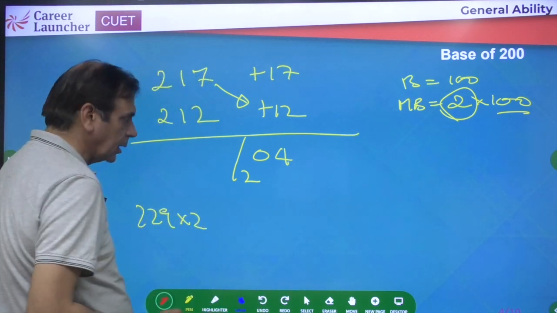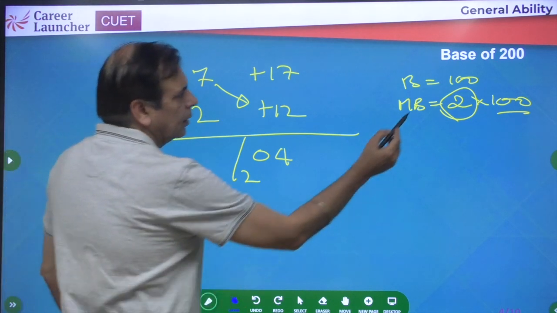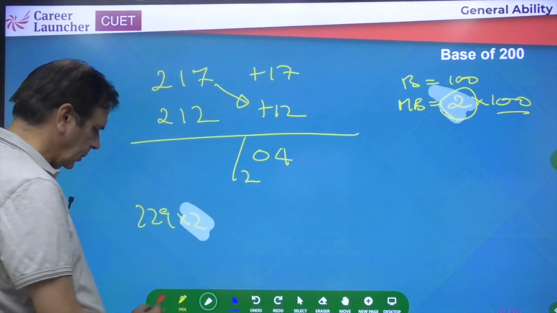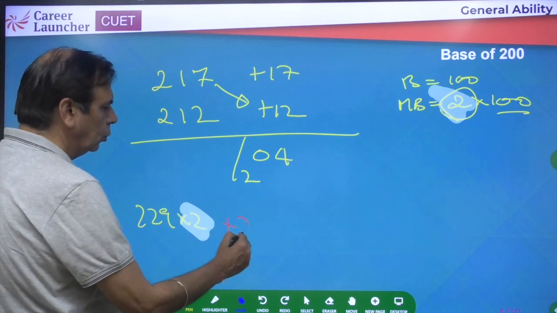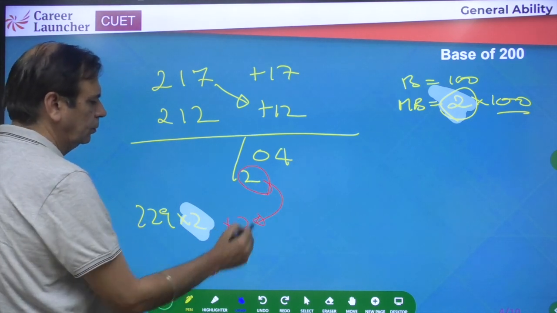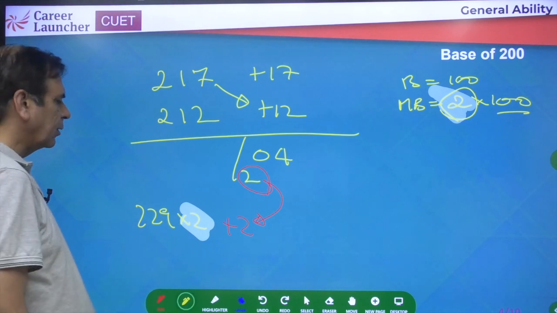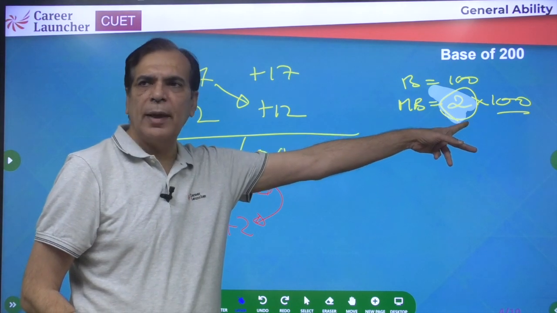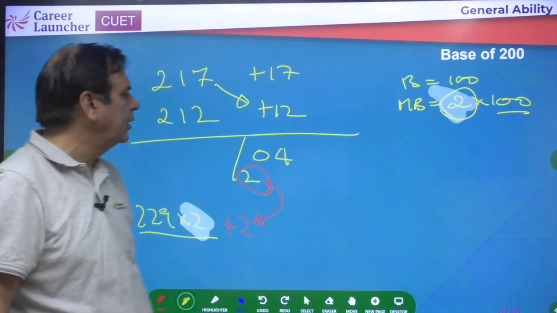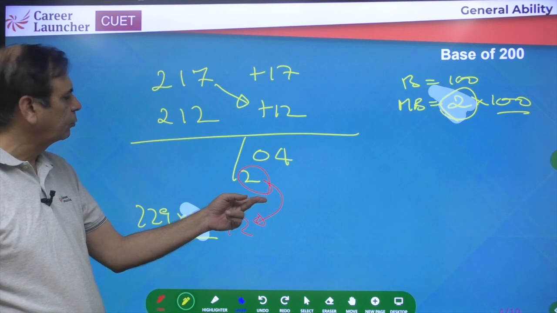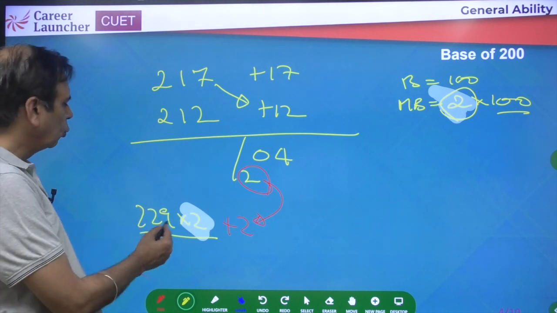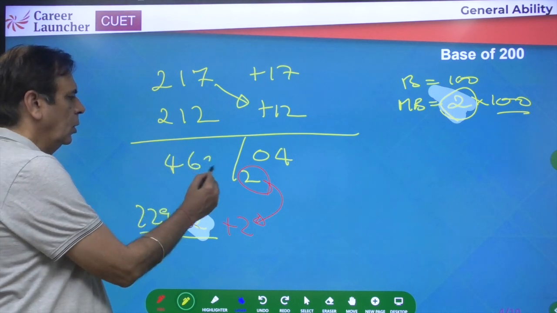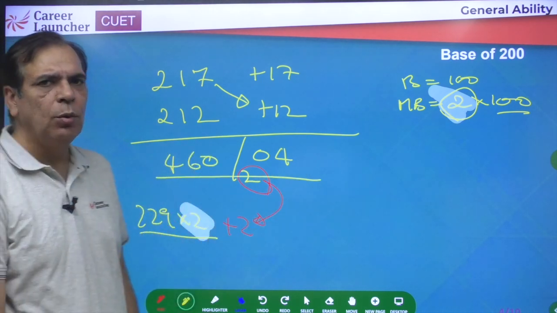Plus 2, this carryover of 2. So this will be my left hand side. 229 into 2 because the base has been multiplied with 2, so left hand side needs to be multiplied with 2, and there's a carryover of 2, that's an additional thing. So 229 into 2 makes it 458 plus 2, 460. So the answer will be 46004.